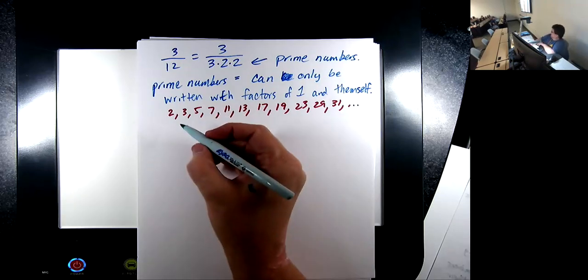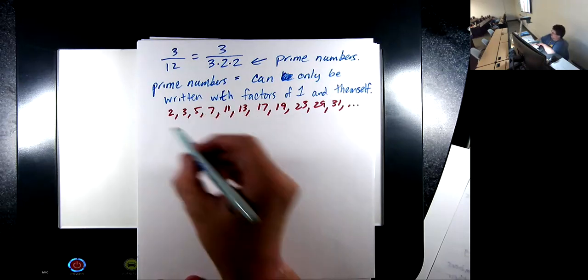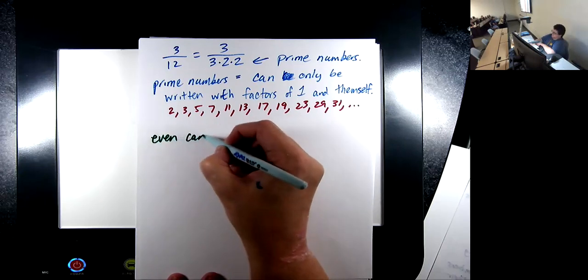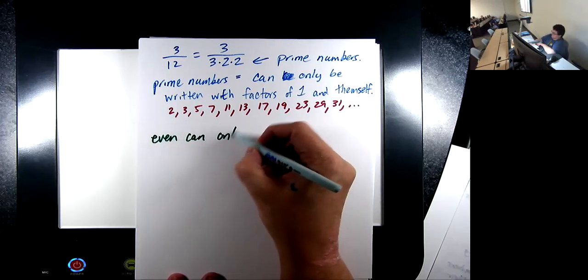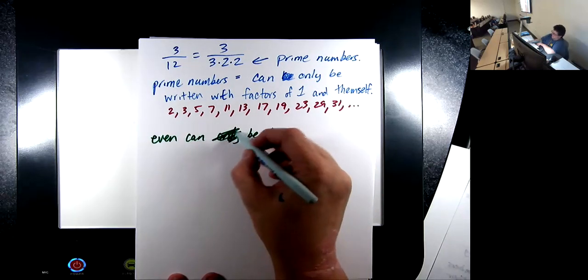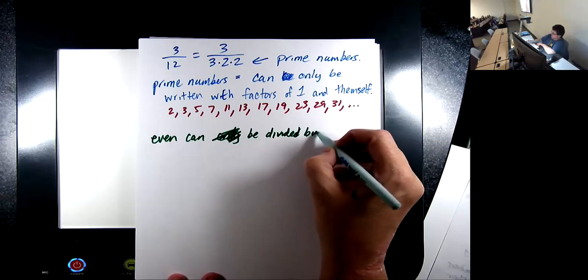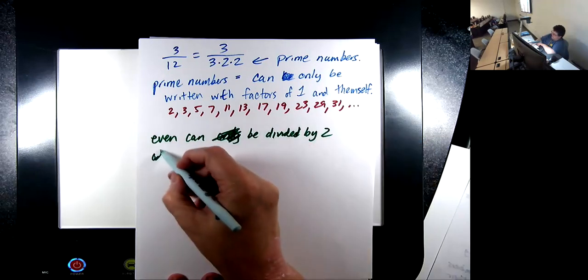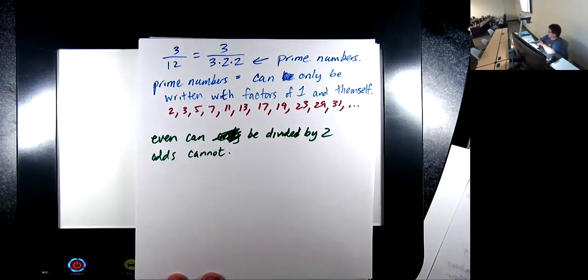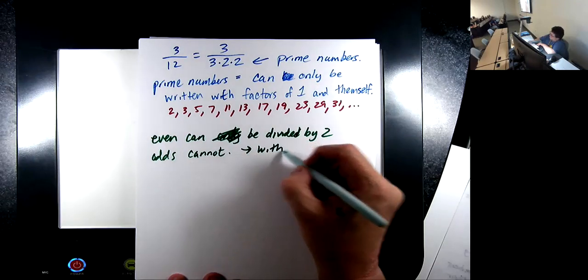Actually, even numbers can be divided by 2. Odds cannot. And when I say that, I mean with a whole number left over.